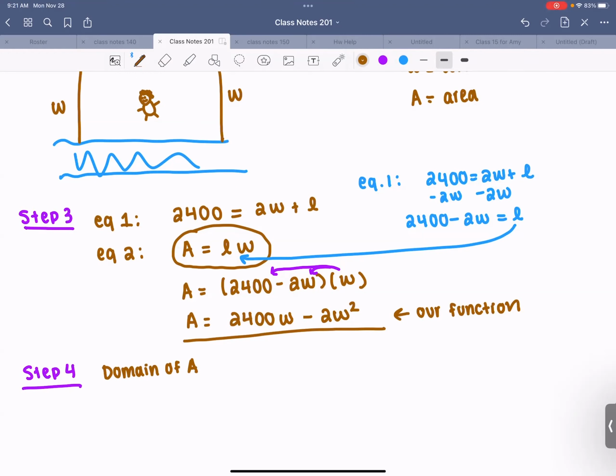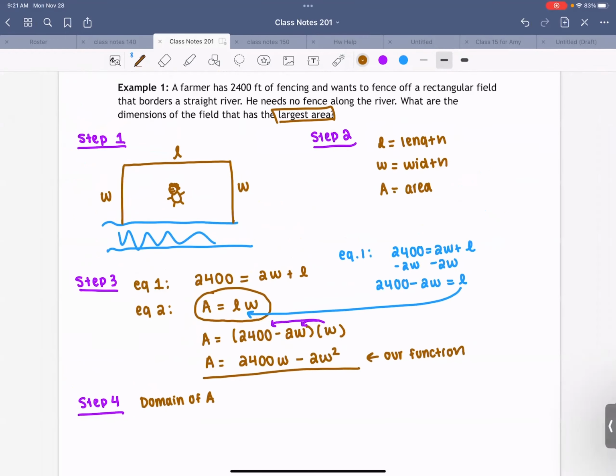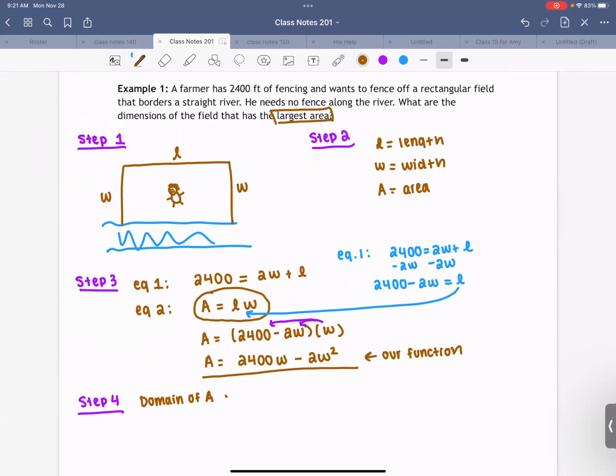Can W be 5,000? No. Why not? I'm going to write this out. You don't have to, but it makes sense to me when I write it out.